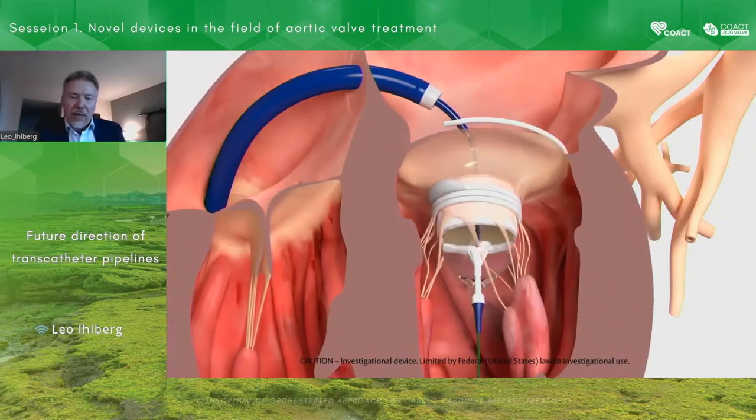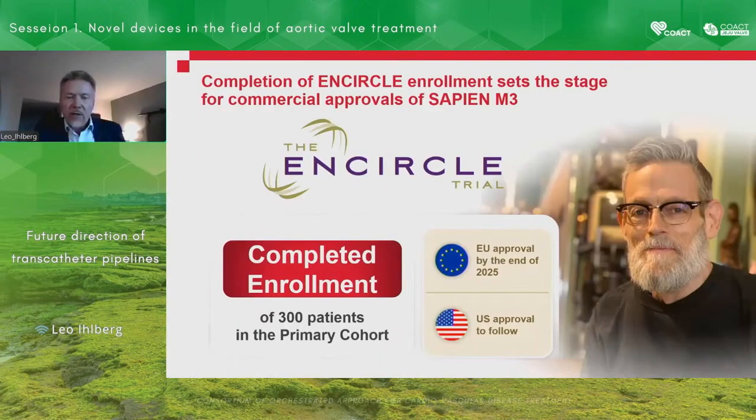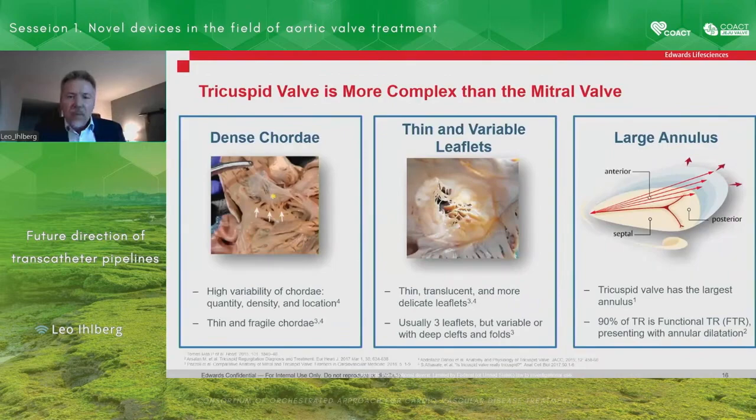We have completed the enrollment on the ENCIRCLE trial for TEER non-eligible patients. We're expecting to get an EU approval by the end of 2025, followed thereafter by a commercial approval in the US. We're going to be drawing your attention, for the last, to the tricuspid valve as well, which is even more complex than the mitral valve.